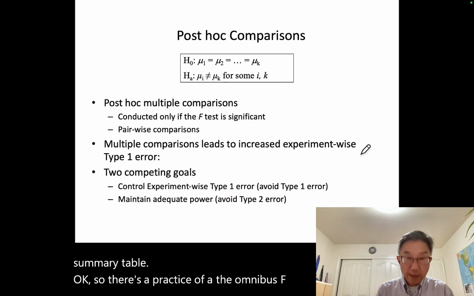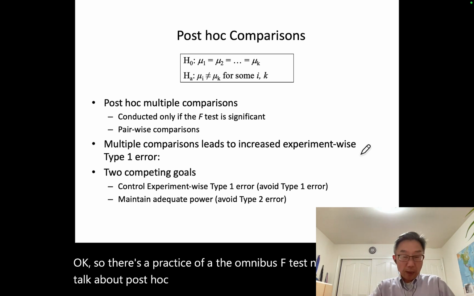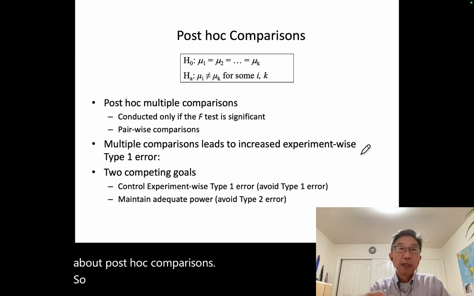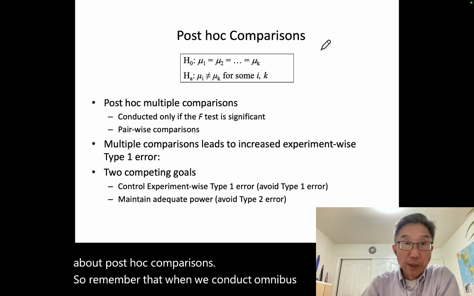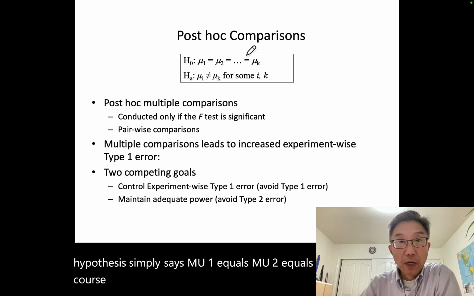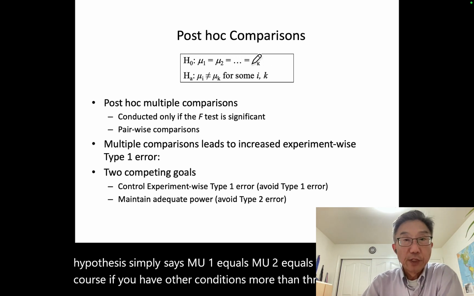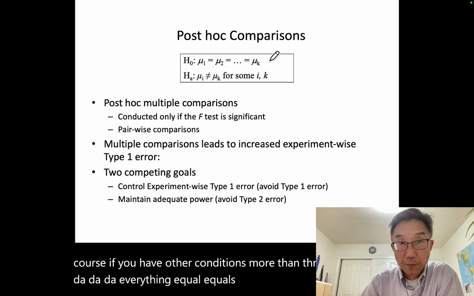Now, next, let's talk about post hoc comparisons. Remember that when we conduct the omnibus F-test, the null hypothesis simply says mu1 equals mu2 equals mu3. And of course, if you have more than 3 conditions, then everything equals mu of k.